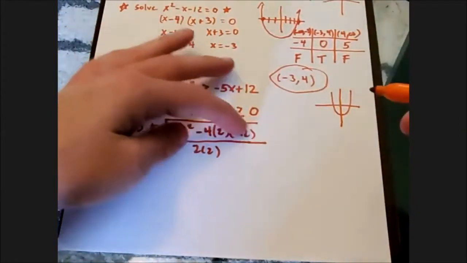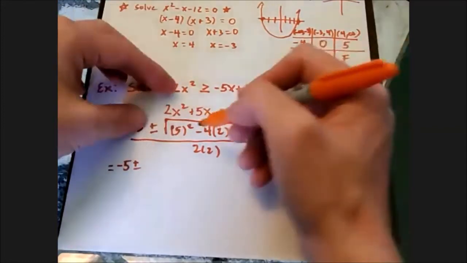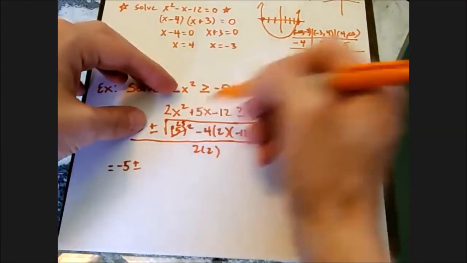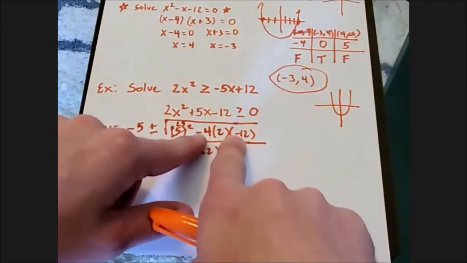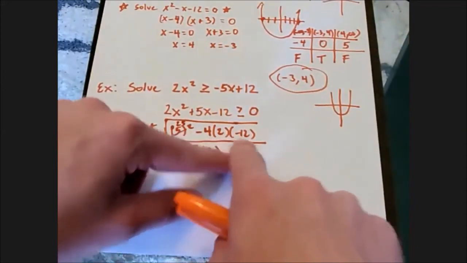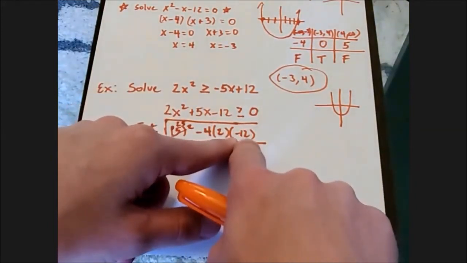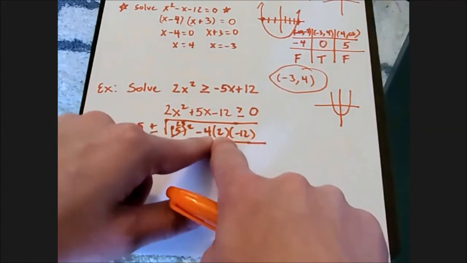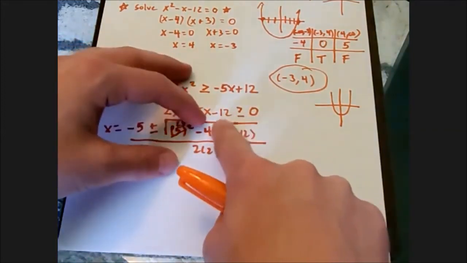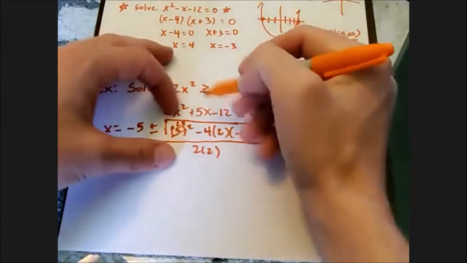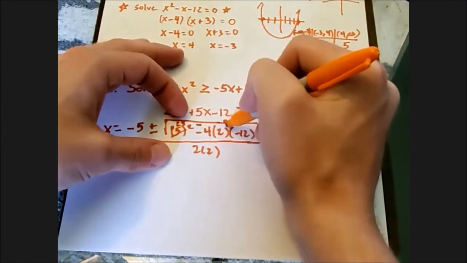Let's clean up the stuff inside here, the discriminant. This is going to be a 25. We're going to have to watch out here. We have a couple negatives going on. But either way, we're going to do 4 times 2 times 12, which would be 8 times 12, or 8 times negative 12. So this ends up being a negative 96. All right, so being careful here, this would be 25 minus negative 96.